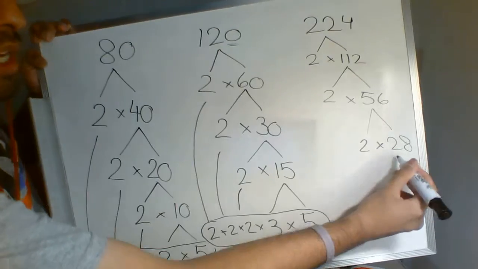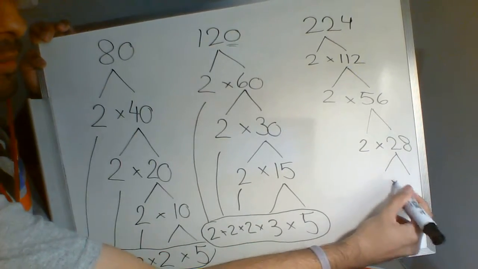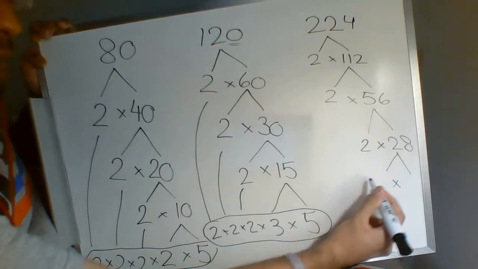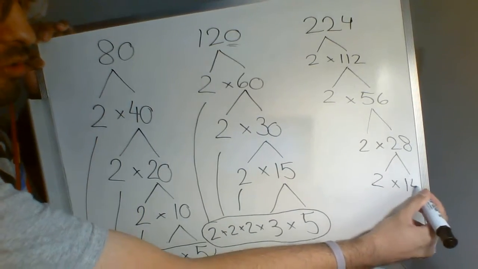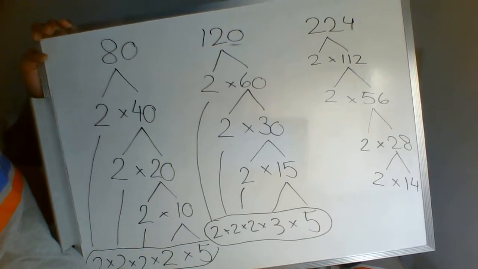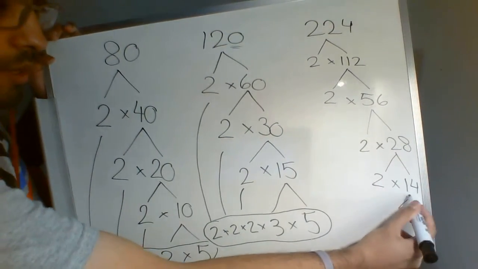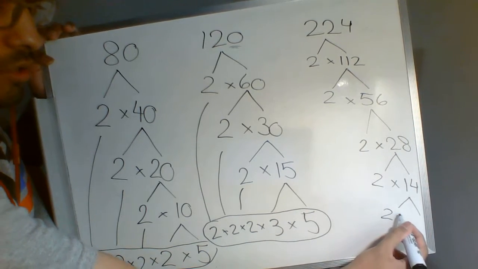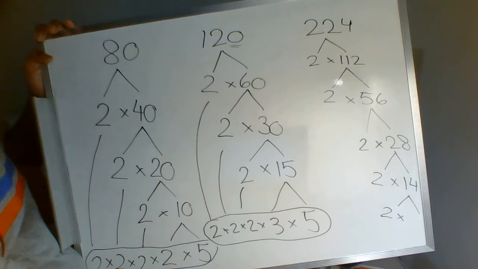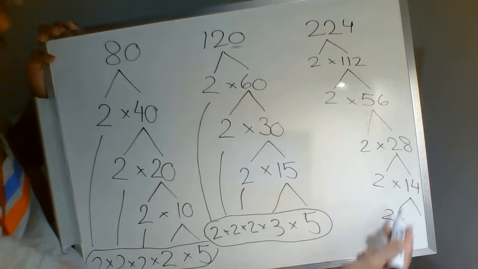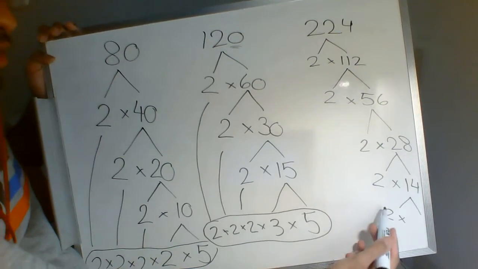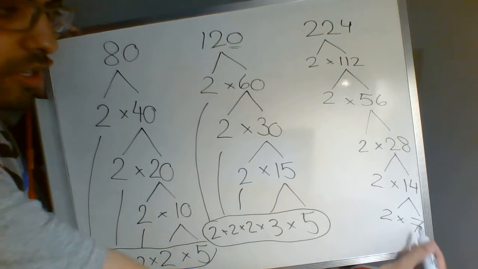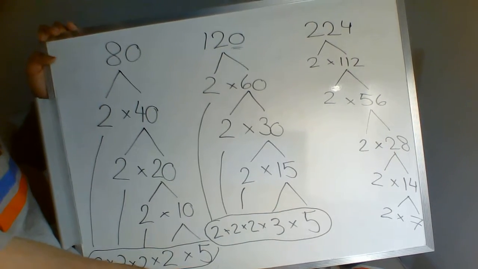Now 28 we can break down again, and that's going to give us 2 times 14. And then one last time we can break this 14 down into 2 because it's even still, and when we divide 14 by 2, that's going to leave us with 7, which goes over there.